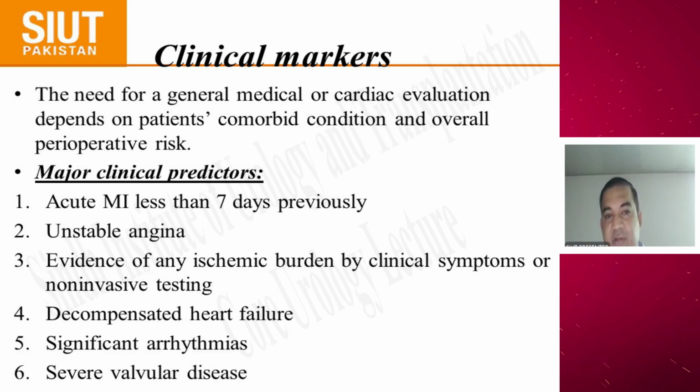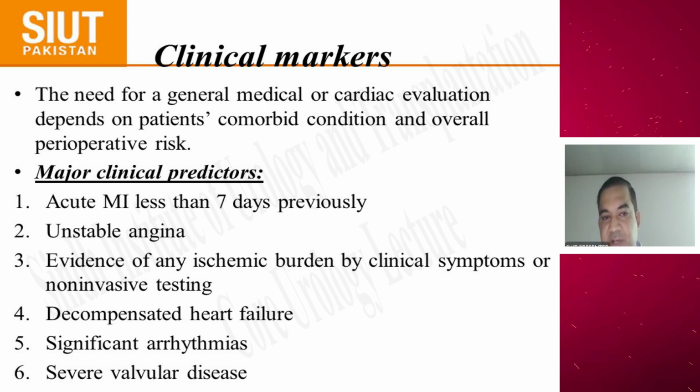Clinical markers denote that the general medical or cardiac evaluation depends on patients' comorbid conditions and overall qualitative risk. It is divided into major clinical predictors, intermediate predictors, and minor predictors.